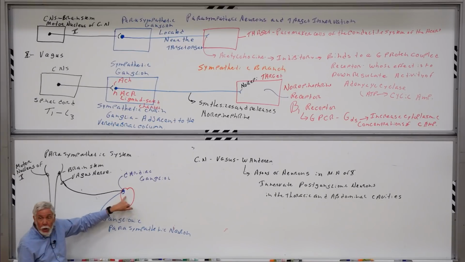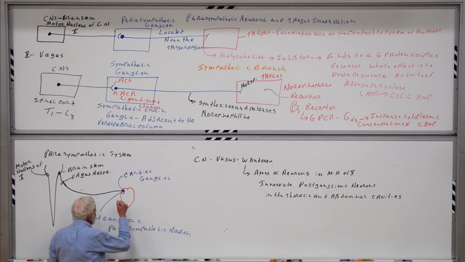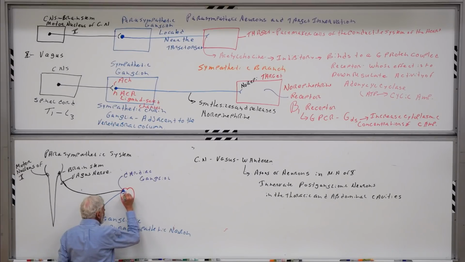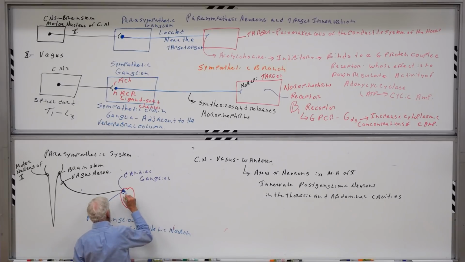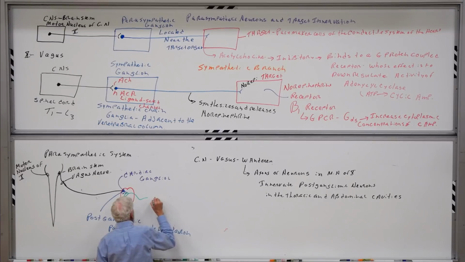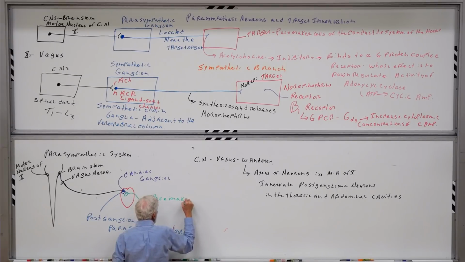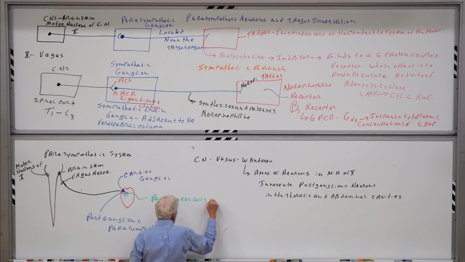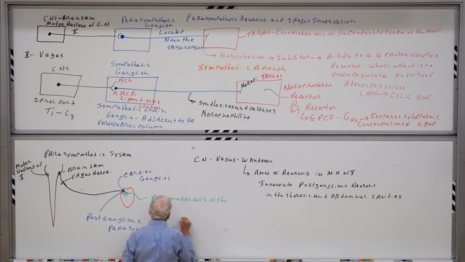And if there's sufficient depolarization here, then we'll fire action potentials in this blue postganglionic neuron, which is now going to innervate pacemaker cells of the SA, sinoatrial, and atrioventricular nodes.